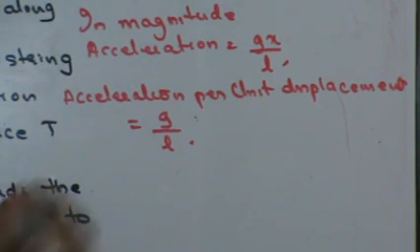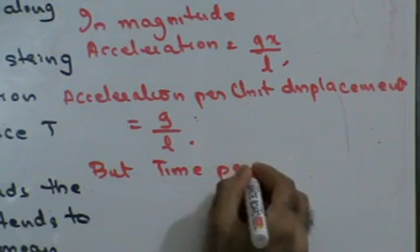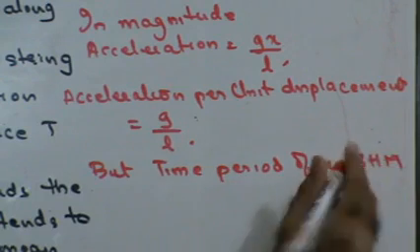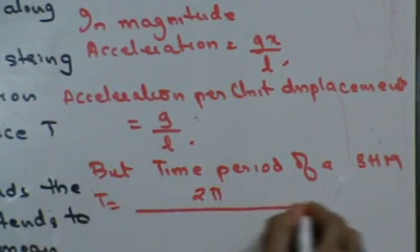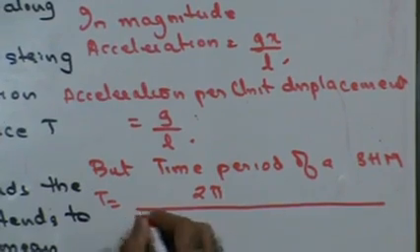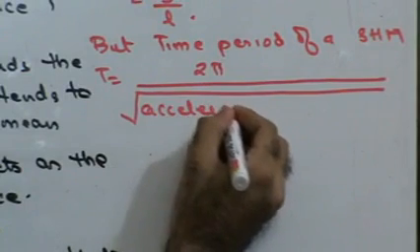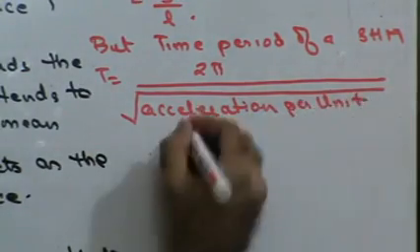I can say that time period of an SHM, T, is nothing but 2 pi upon square root of acceleration per unit displacement.